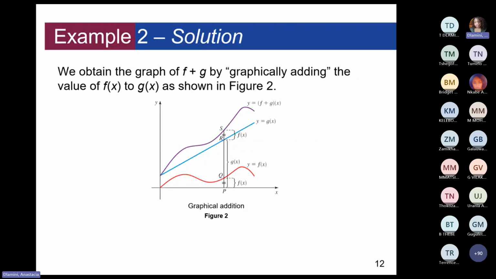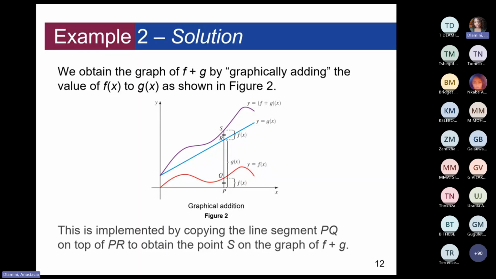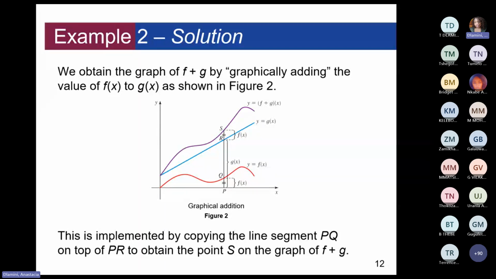They say we obtain the graph of f plus g by graphically adding the values of f of x to g of x, meaning just adding the y values and using the same x values as initially. This is implemented by copying the line segment PQ on top of PR, so that's not important.